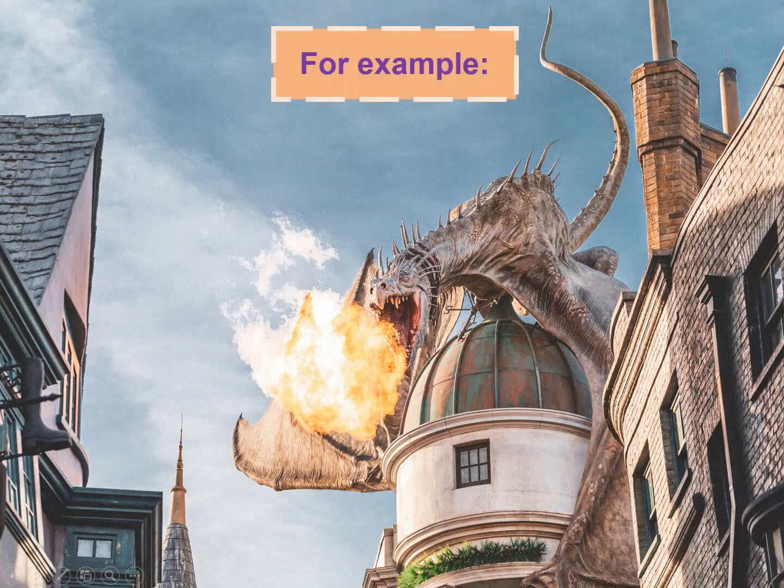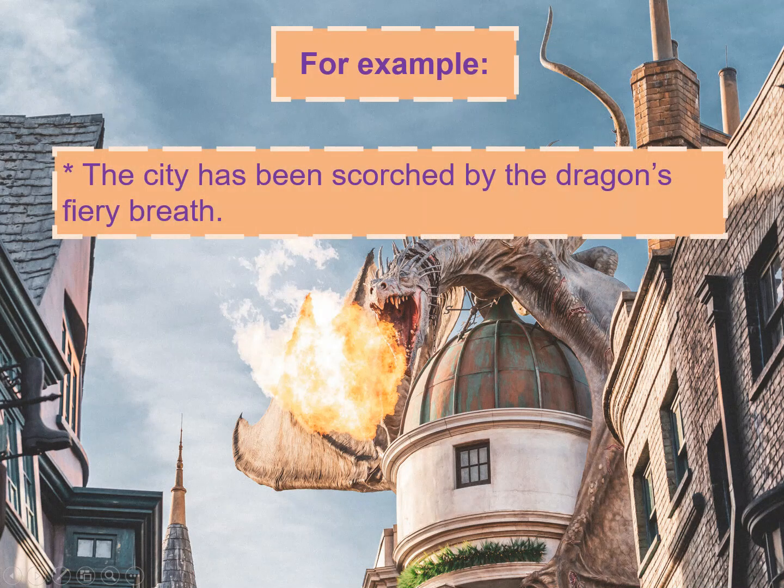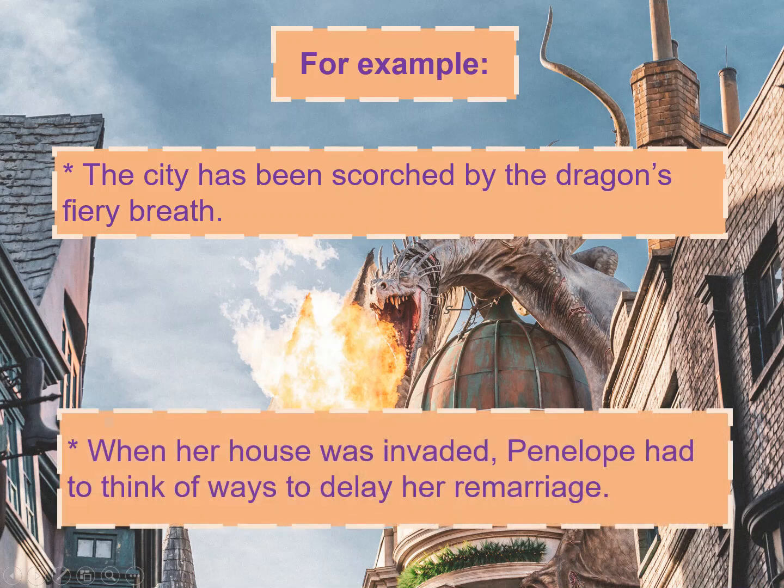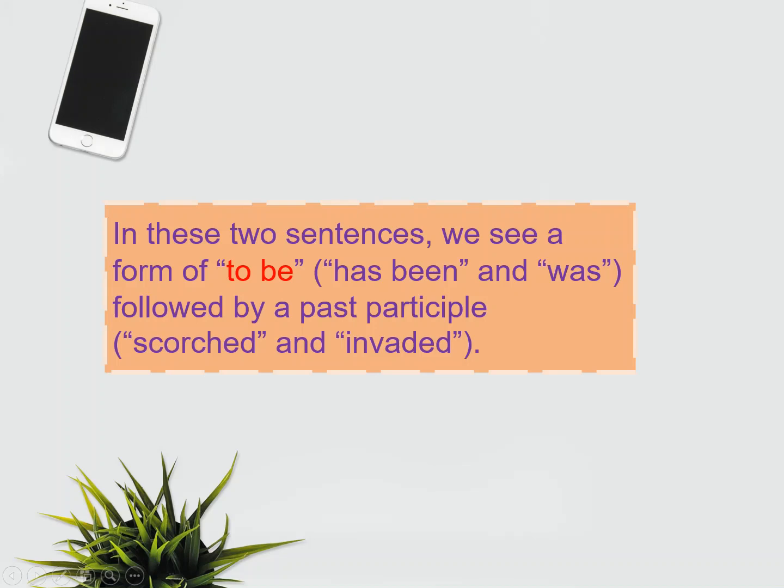For example, the city has been scorched by the dragon's fiery breath. When her house was invaded, Penelope had to think of ways to delay her remarriage. In these two sentences, we see a form of to be, has been and was, followed by a past participle, scorched and invaded.